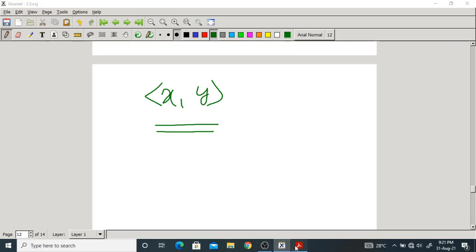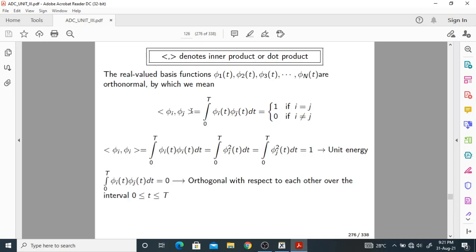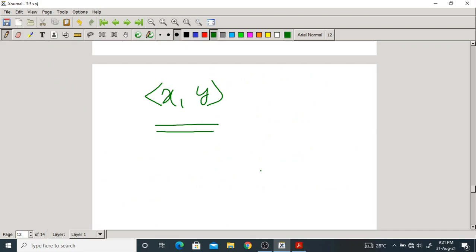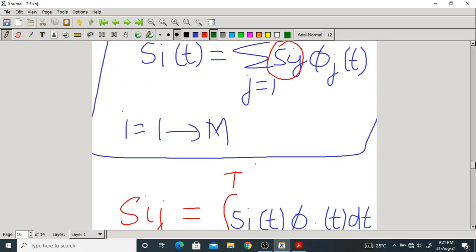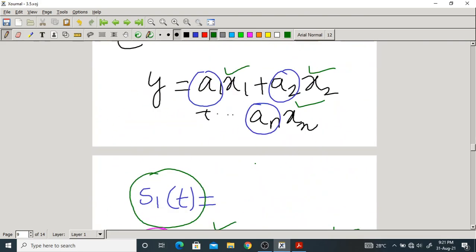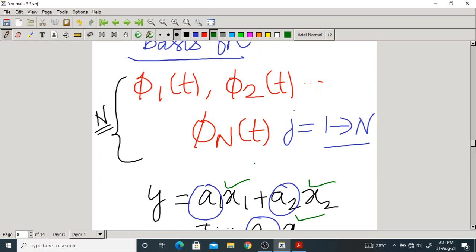Now here, these basis functions, how many are there? N in number. But as I told you, they are real valued functions. Not only that, they are orthonormal. Very, very important. All these basis functions just mentioned should be real valued. Along with that, they are orthonormal.